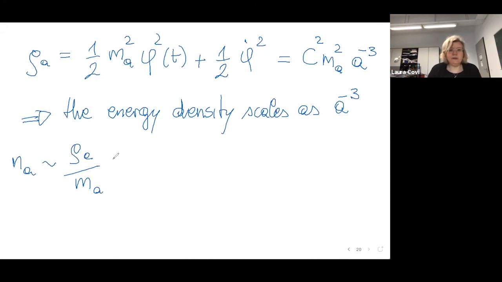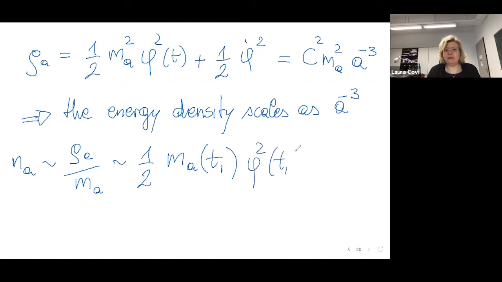So this will tell you that this is actually 1/2 m_a at the time where you start the oscillation, which I call time 1, times the value of the field, so the phi squared at this time 1. And this is the value of the number density at the beginning of the oscillations. So let me just write T1 because otherwise it's too long.